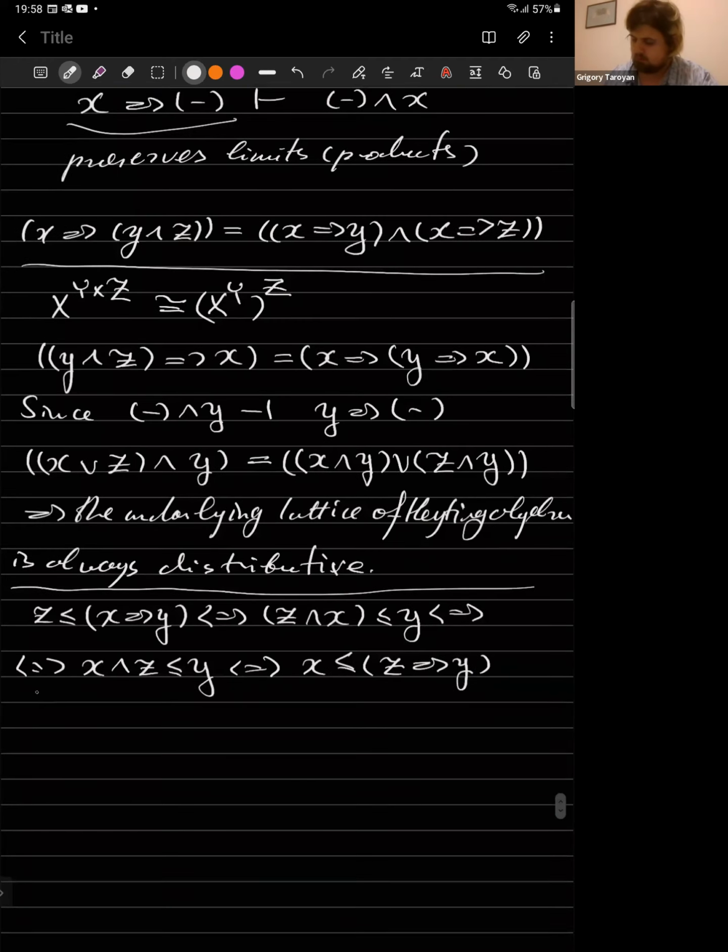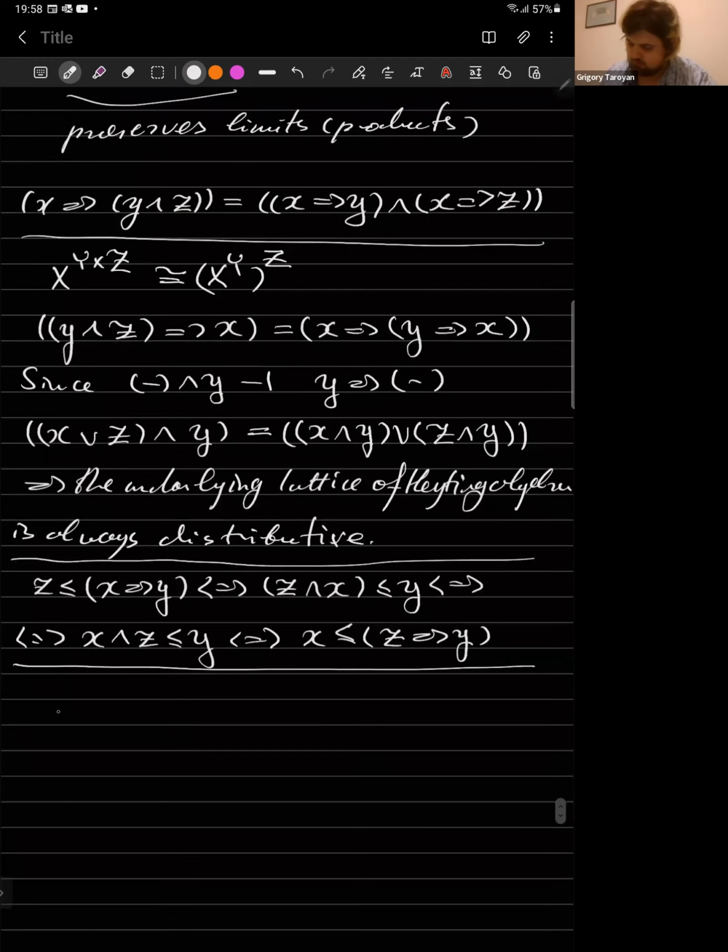So another thing we can use this implication for is the following. This is a function which is contravariant in the first variable, the only variable. And so we can use it as a functor from H to H opposite, applied from the right, and as a functor from H opposite to H applied from the left.